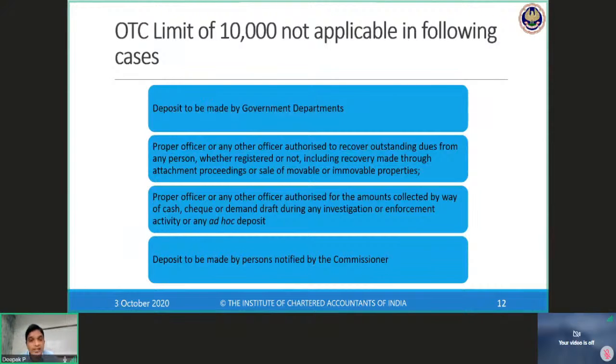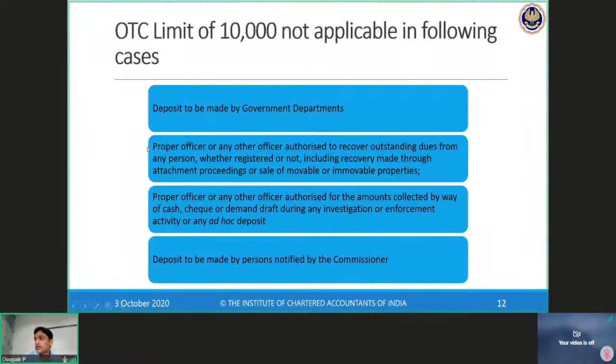The section on ITC gives you an outer limit of the September return or 31st December, whichever is earlier. Now this September cannot get altered. If you have filed your return before September, that's fine. But if you have not claimed it, you cannot go beyond the September return. The outer limit is September. Okay.